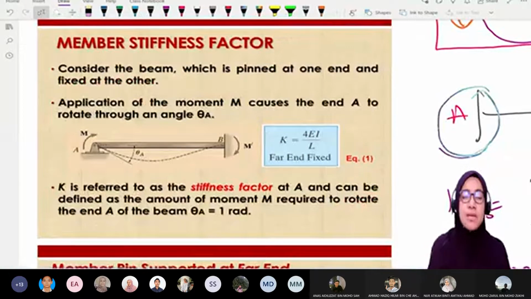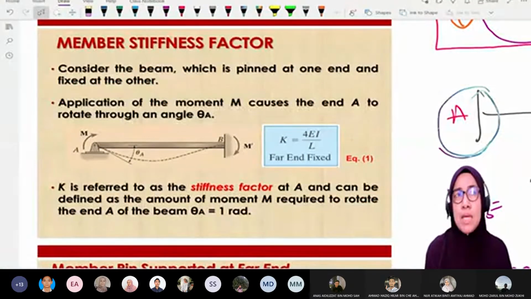Okay, and then in moment distribution method, in order to calculate the member end moment, the internal moment, we have to understand about the stiffness factor. Stiffness, the symbol is K. This K is very, very important.